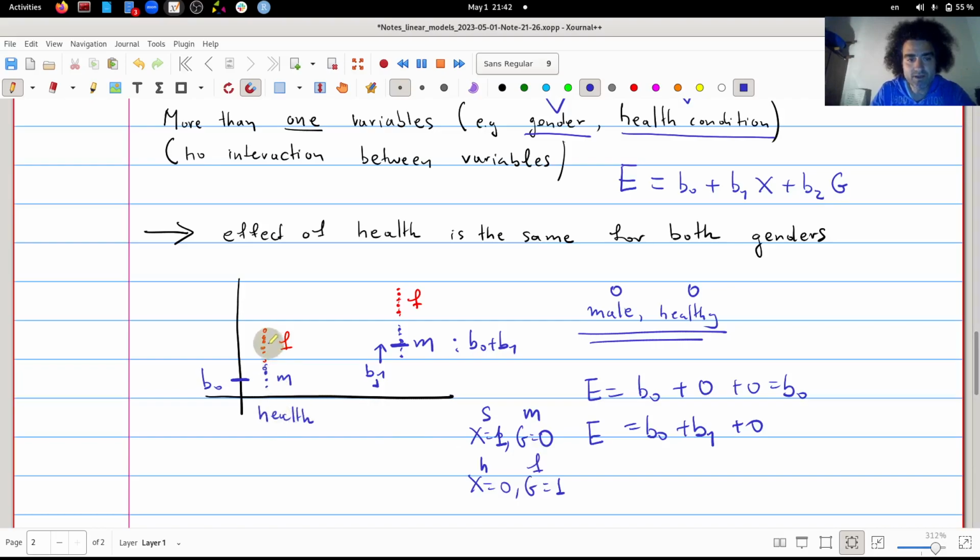So healthy females is this one, and this equation will become expression is b0 plus 0 plus b2 equals b0 plus b2. So this level here will be b0 plus b2, and comfortably for us this difference will be just b2.